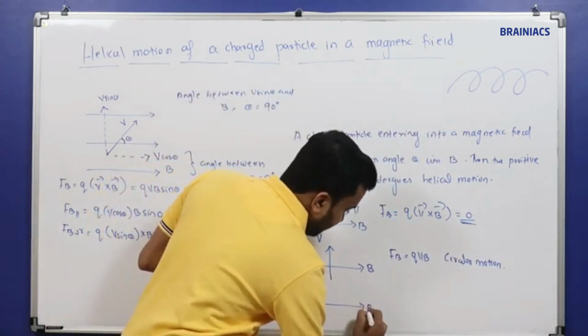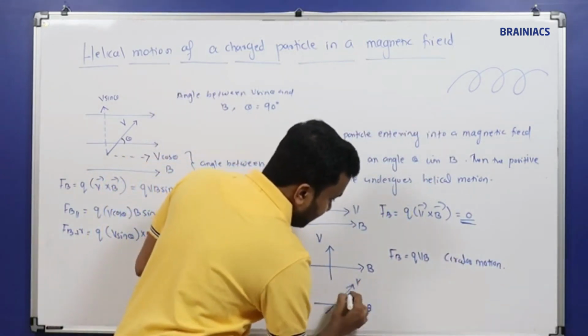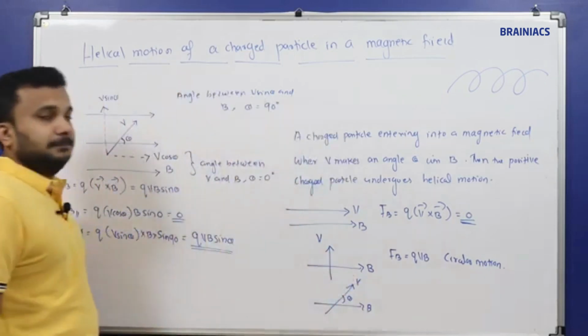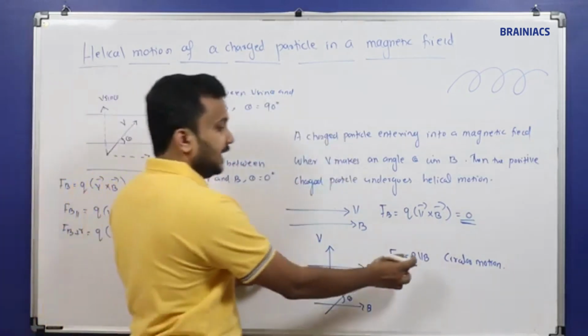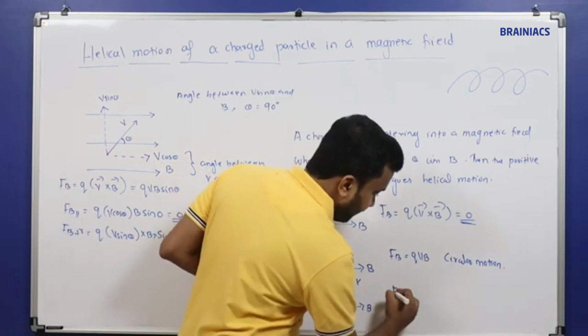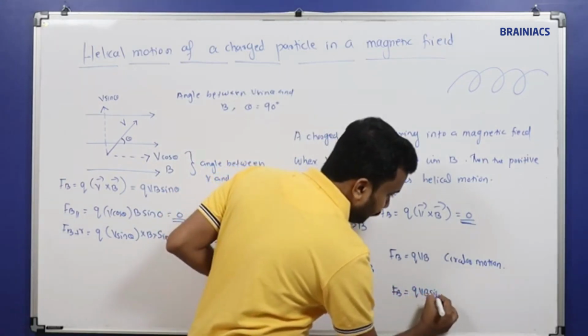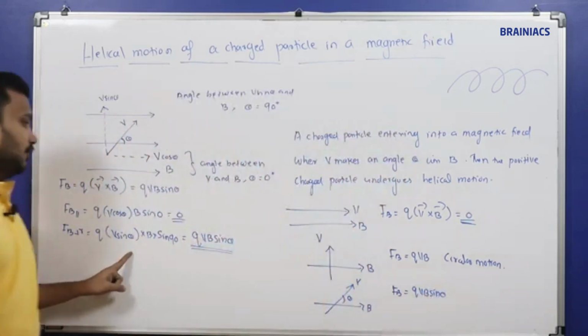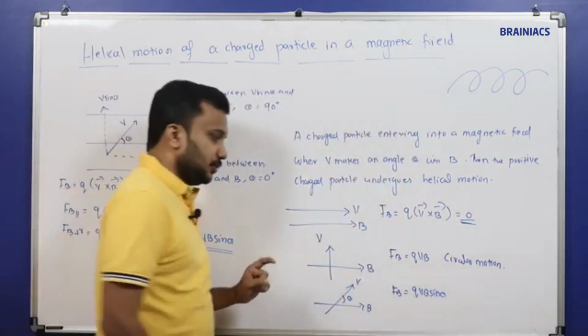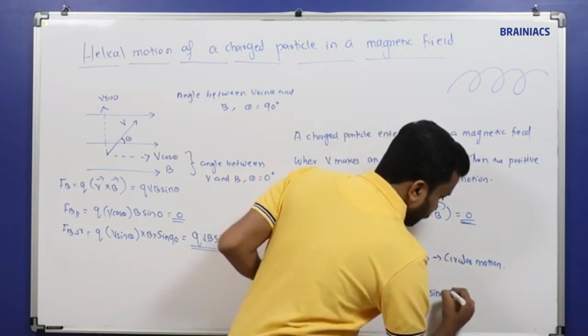Next case, the last one. When B is like this and velocity is like this, making an angle theta, then here sine is not 90. Instead we get QVB sin theta. So what type of motion is this in this case?